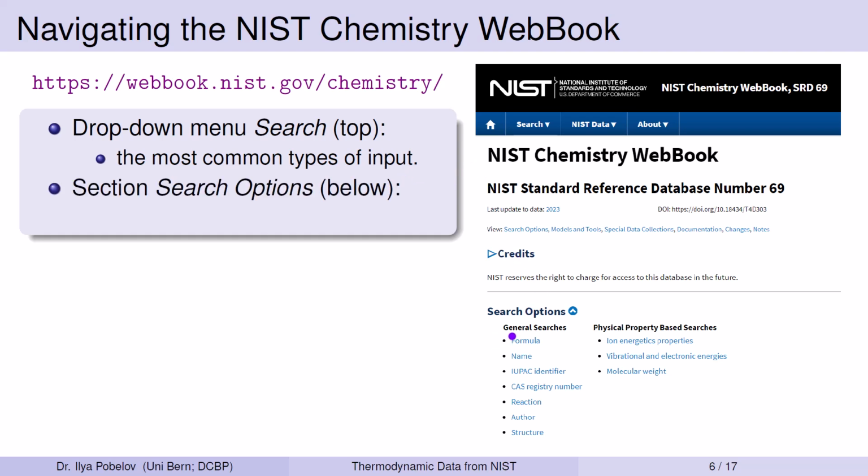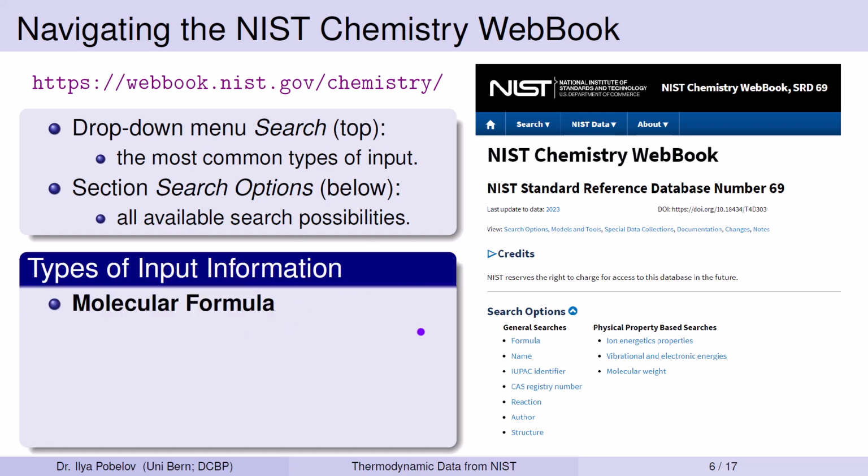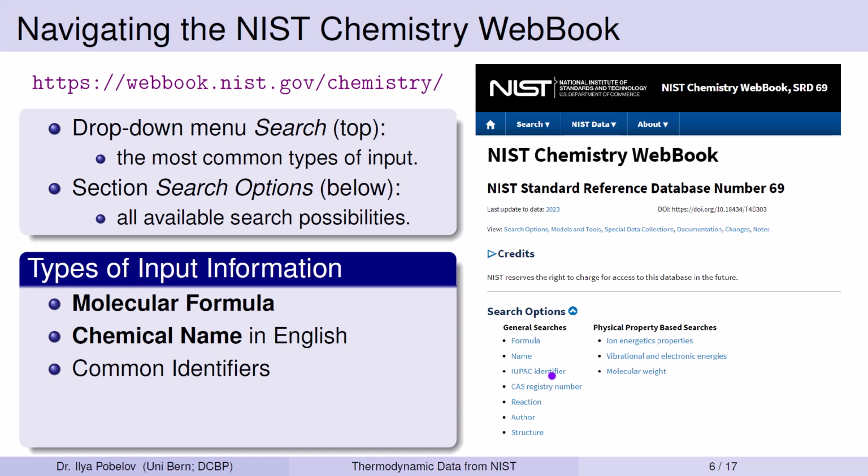Below that, you will find the Search Options section, which lists all the search possibilities available on the site. You can search by molecular formula, chemical name in English, common identifiers, or even by molecular structure. In most cases, you will likely use the formula or name search to find the substance you are looking for.